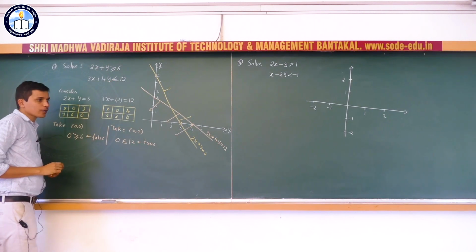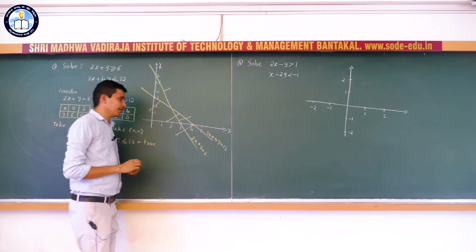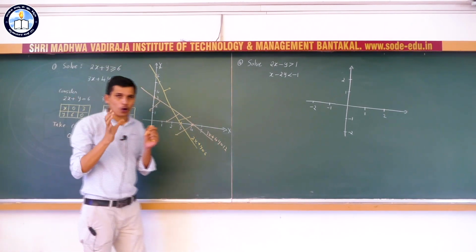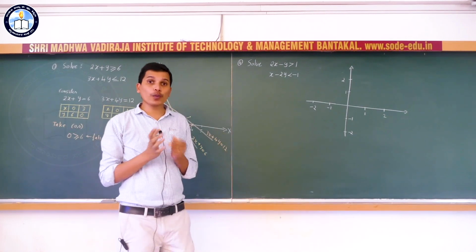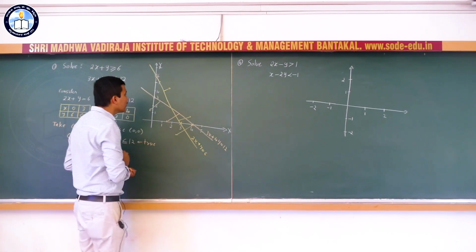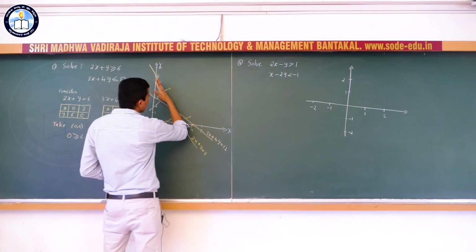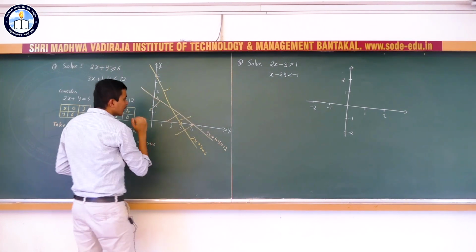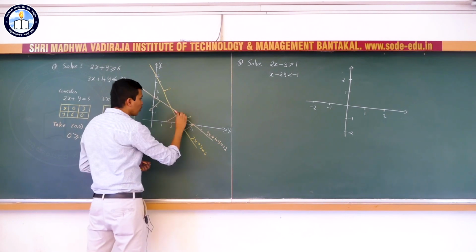Now what should we do? I need to search for the common region, right? Set of all points should satisfy both the inequalities. So where does the common region come? Carefully here once again, for the first line this side, for the second line this side, where does the common region come? So that common region comes here.